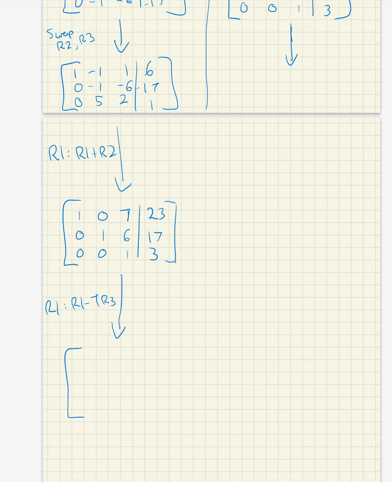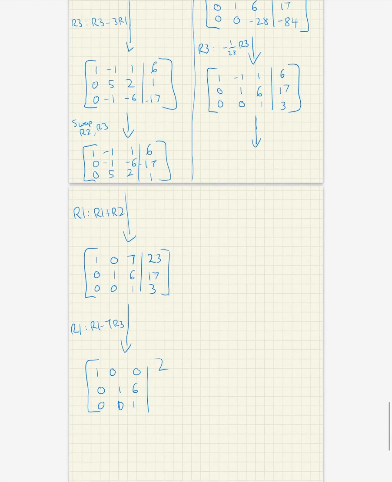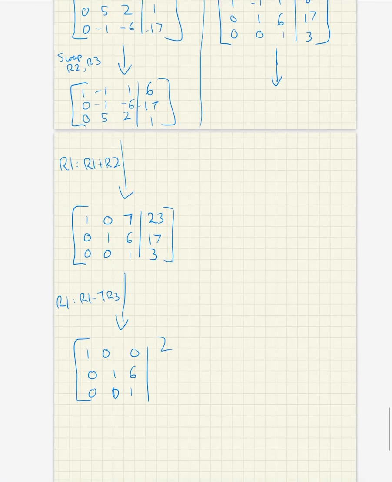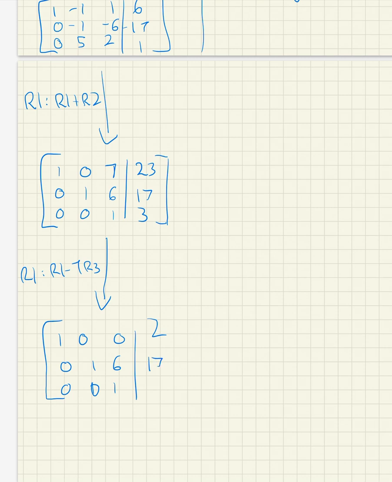And this gives us 1 0 0, 0 1 6, 0 1 0 0 1, and my values on the end are 2, 2, 17 and 3.